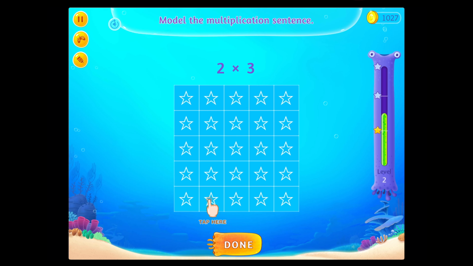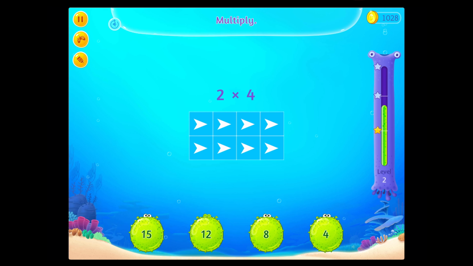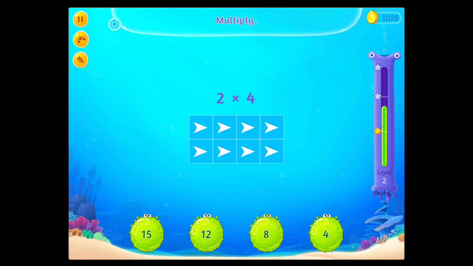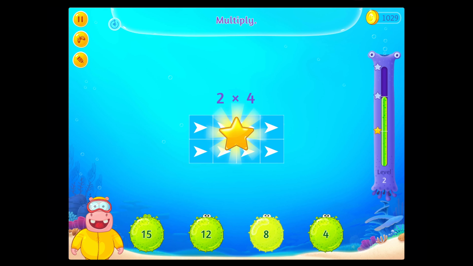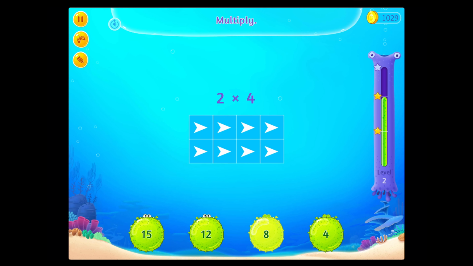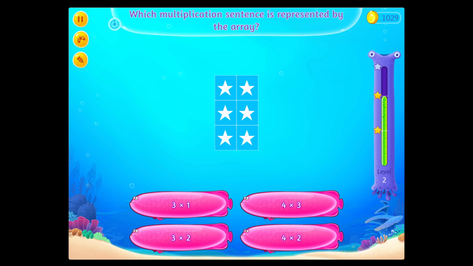Model the multiplication sentence. Good going! Multiply. Congratulations! You've done it! Which multiplication sentence is represented by the array?